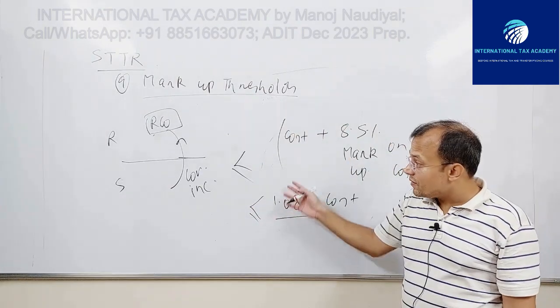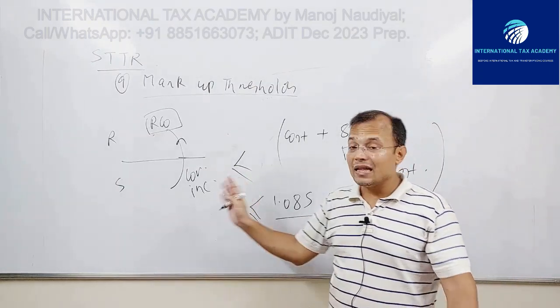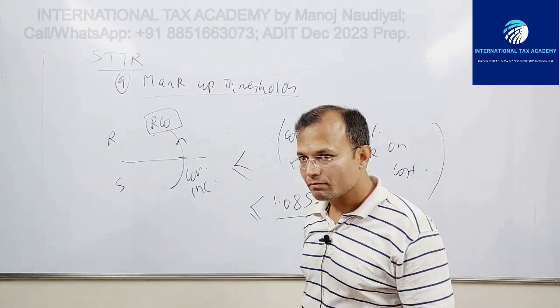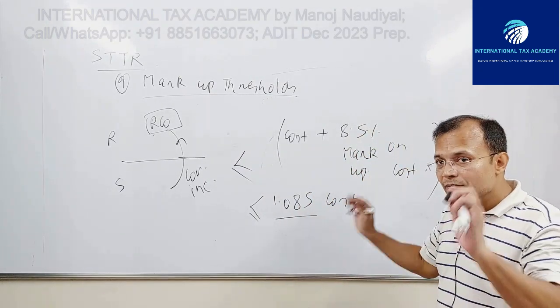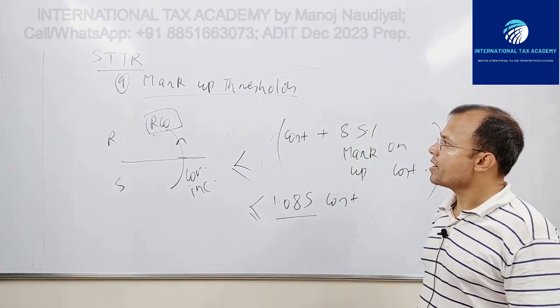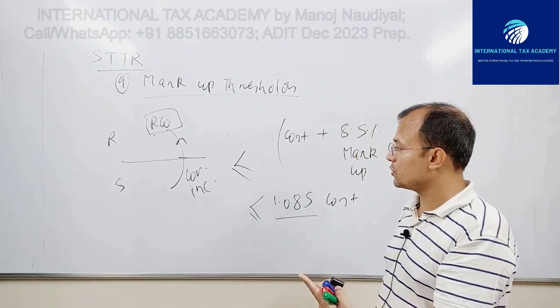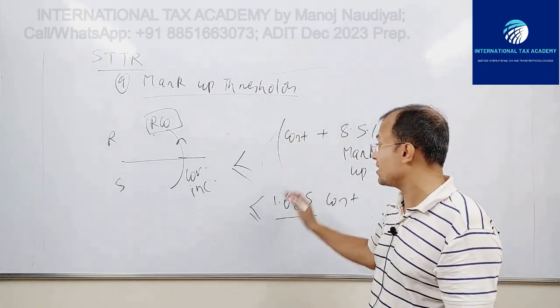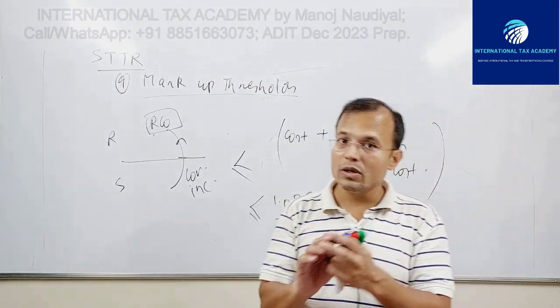If it is less than 1.085 times the cost, then no taxing rights. So 1.085 is the threshold. India has objected to this markup threshold, saying that this 8.5% markup is quite high.